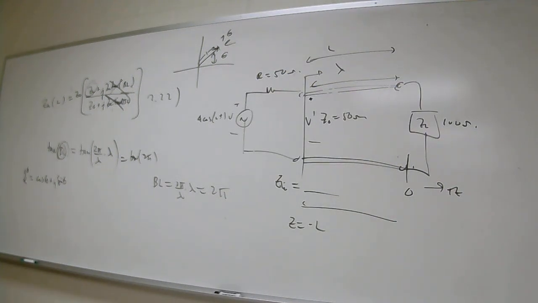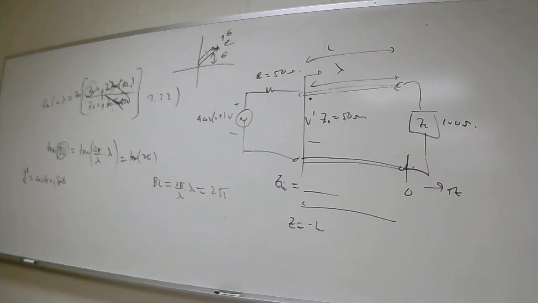So that means V0 plus is equal to 8/3 divided by, and here it's going to be 1 plus the reflection coefficient times 1. These are both 1, so that's 8/3 over 1 plus the reflection coefficient.